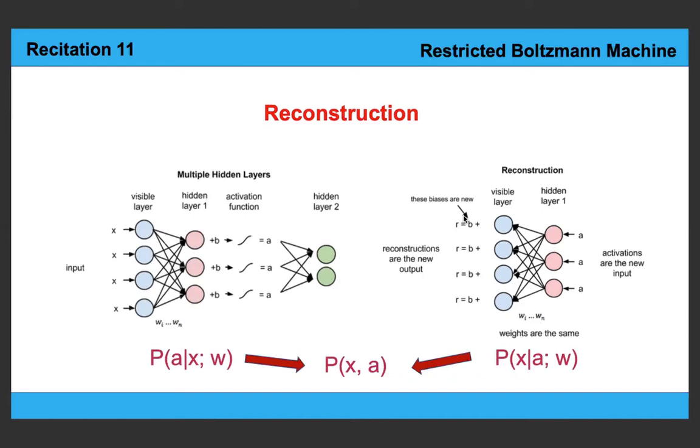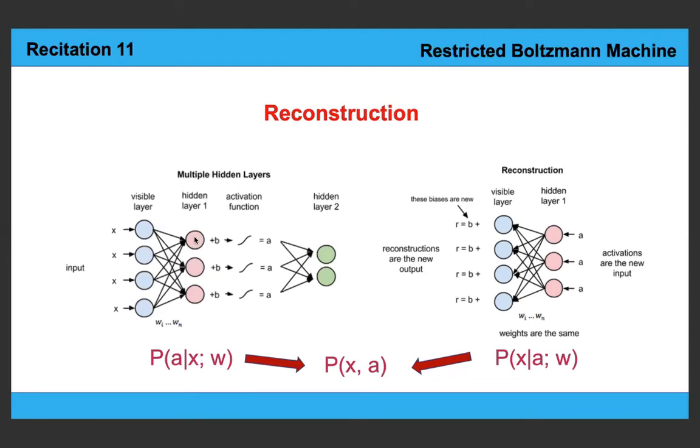Because they have different functions, they are independent, or they are different. So when we do things in the reconstruction process, the activations of hidden layer 1 become an input in a backward pass, and they are multiplied by the same weights as we used in the forward pass.